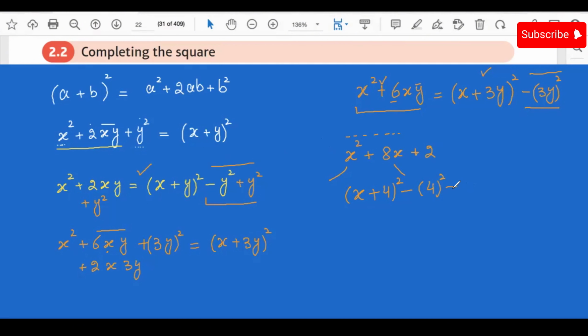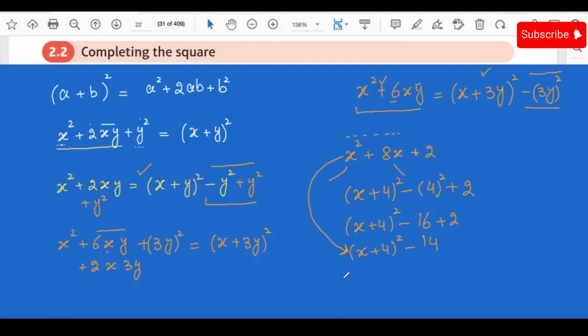Then plus 2 was already there. Now this expression has converted into (x plus 4) square minus 16 plus 2, and then simply (x plus 4) square minus 14. So we have converted our quadratic expression into the form of a square.